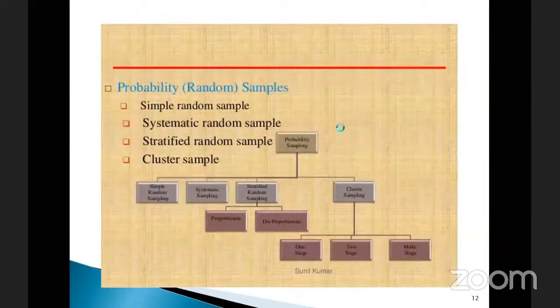Probability sampling methods, we call it random. Now let me explain this. Random sampling is the same thing as probability sampling. And many of us, the meaning of random in statistics is different from random in everyday usage.